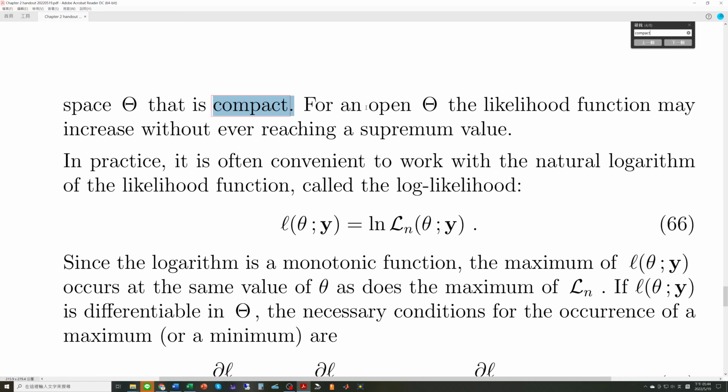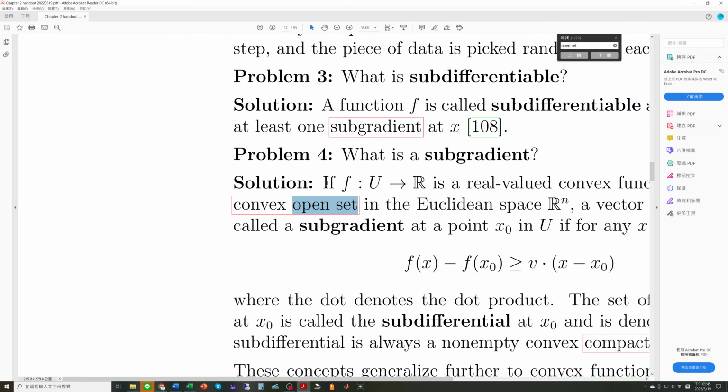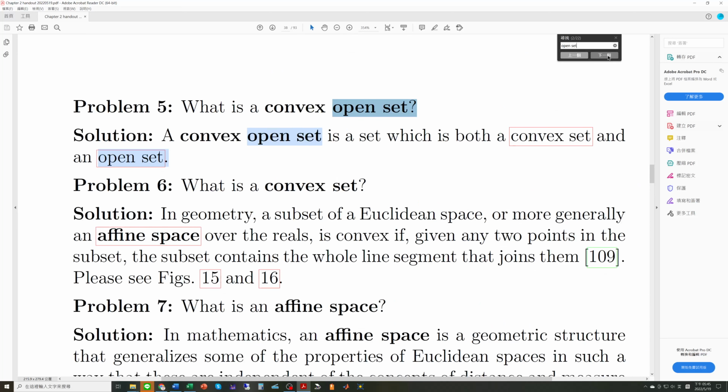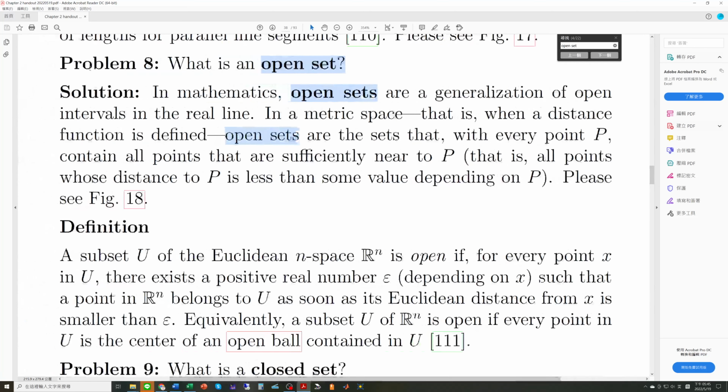For an open capital theta, here open means that capital theta is an open set. Then what is an open set? We also have introduced what an open set is before. Let me show you. Open set, here, it is in problem 8.